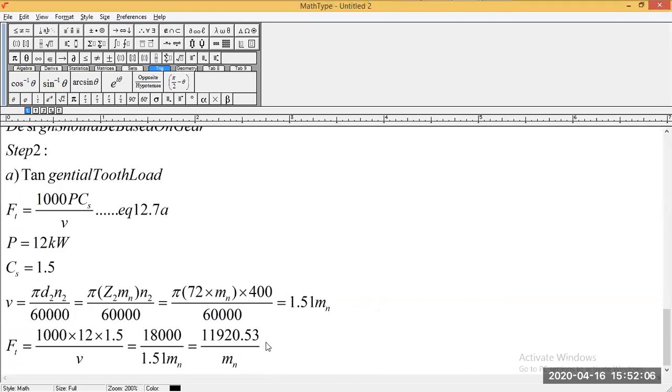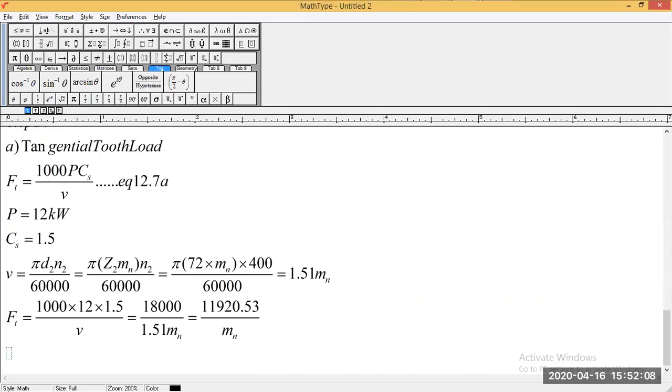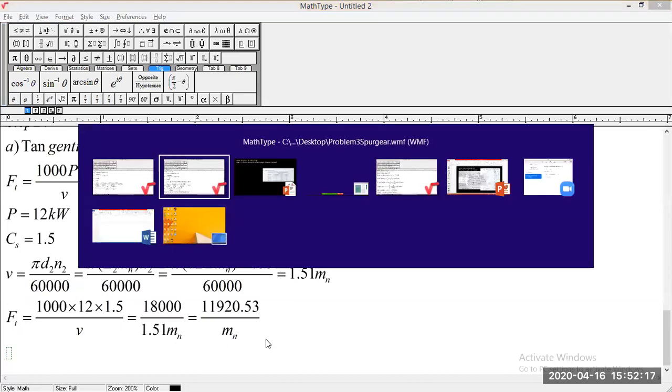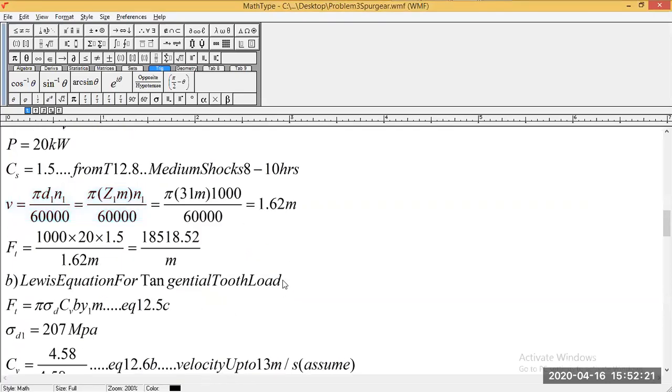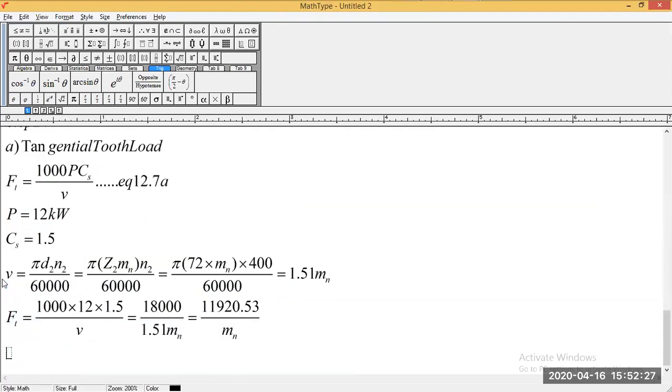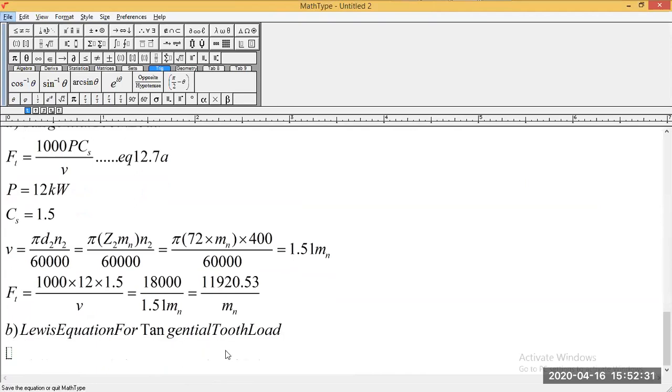Okay, the second part of this, we'll take it from the Lewis equation. So part 2 of this is from the Lewis equation, where it is different for helical gears. Okay, I need to type this from scratch.